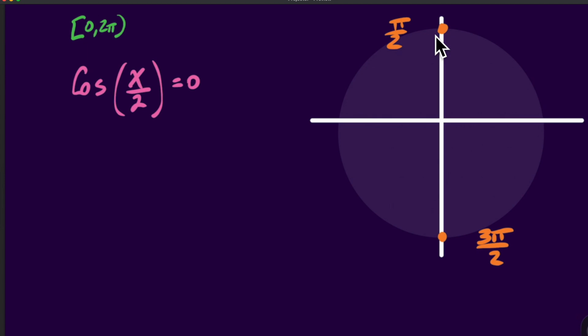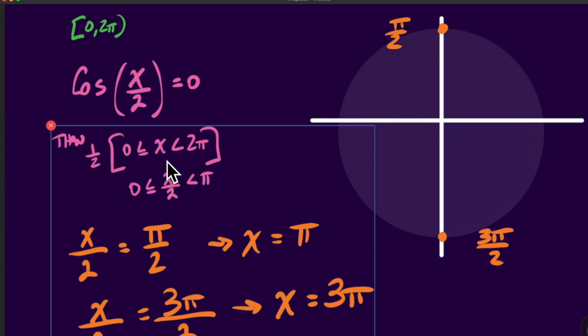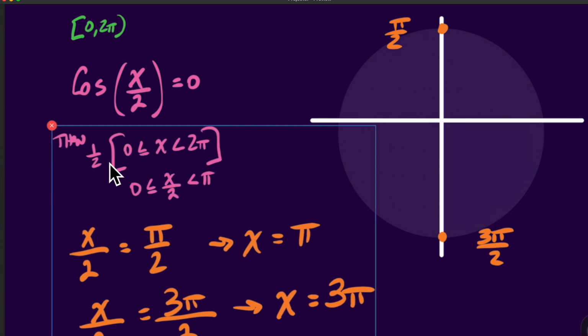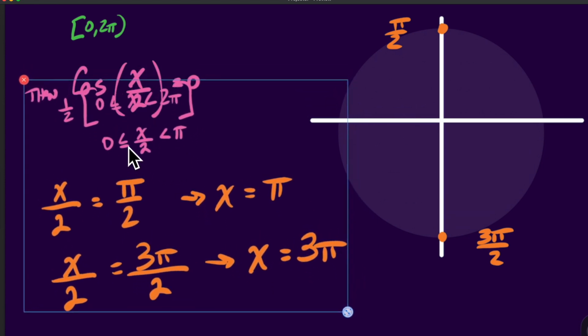All right, so let's look at what happens when x over 2 has to be within the specific range. So here we go. If x has to be between 0 and 2 pi, then if we multiply everything by 1/2, we see that x over 2 has to be between 0 and pi.